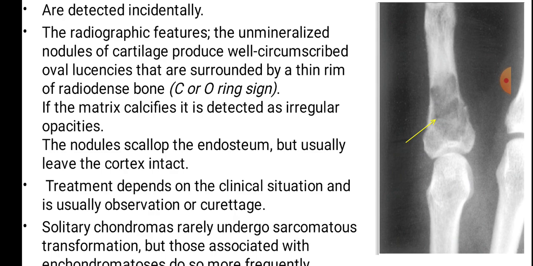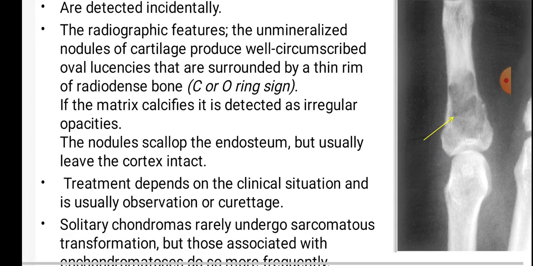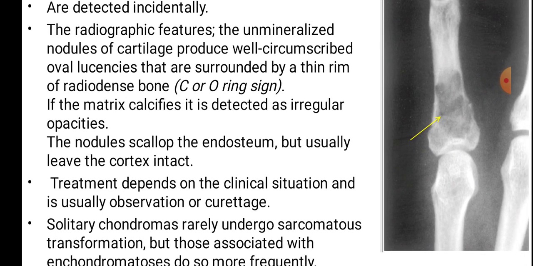Well circumscribed oval lucencies that are surrounded by a thin rim of radiodense bone, that is C or O-ring sign. If the matrix calcifies, it is detected as irregular opacities. The nodules scallop the endosteum but usually leave the cortex intact. Treatment depends on the clinical situation and is usually observational or curative.